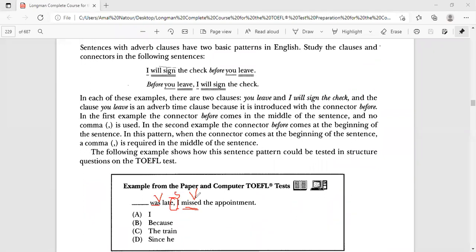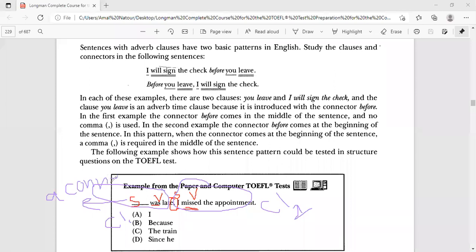Every verb needs a subject, so this verb needs a subject here. Another thing, subject verb, this is clause number one, and this is clause number two, subject and verb. If there are two clauses, I need a connector here.